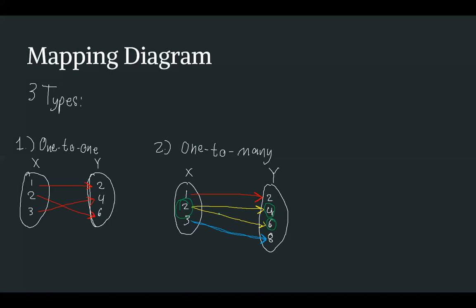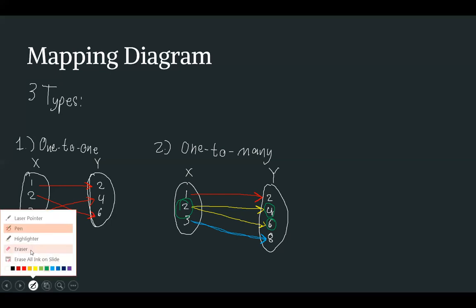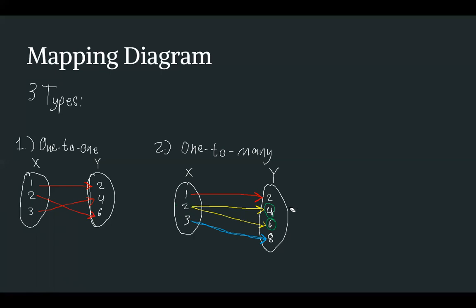Unlike here, where each element has only one partner, in this one, one of the elements has two elements matched to it in Y. So that's for the second diagram.